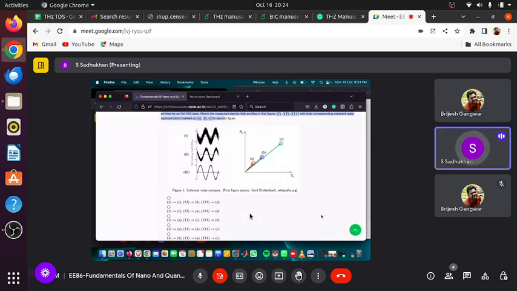How to approach this question? In the generalized coordinate, what I can understand is that the arrow represents the number of photons, the average number of photons.